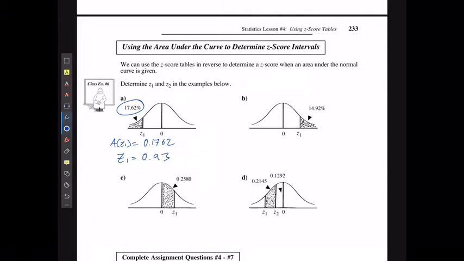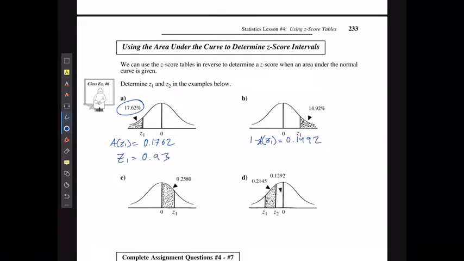For the second one, it's filled in to the right, which means that for this one, I would say that 1 minus z1, or the area of z1, is equal to 0.1492.